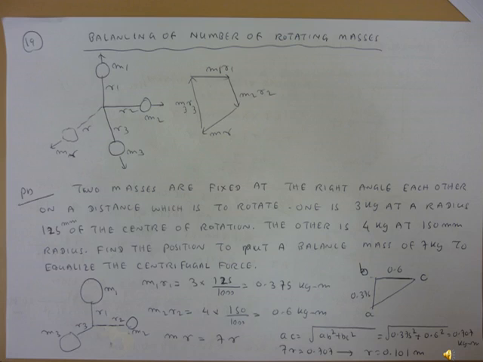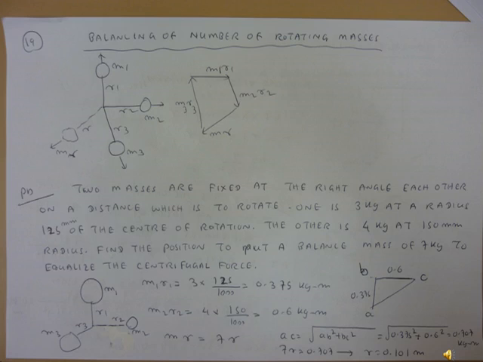Find the position to put a balance mass of 7 kilogram to equalize the centrifugal force. In this case, the forces are given in the diagram as M1, M2, and M3, with M1 R1, M2 R2, and M3 R3 distances given. Firstly, we calculate M1 R1. Mass 1 is 3, R1 is 125 by 1000.